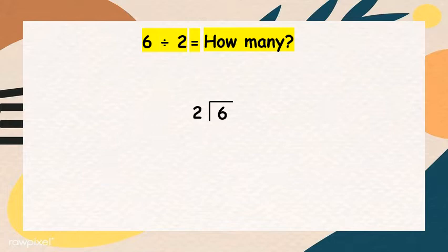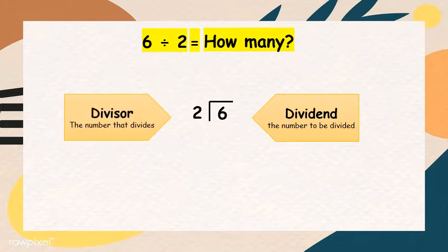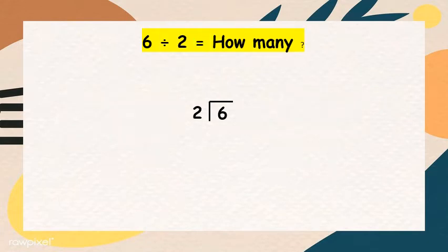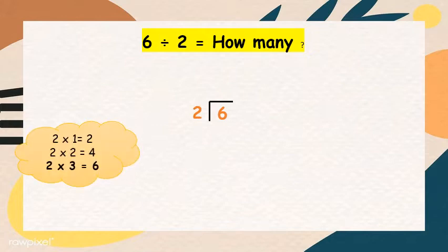So here, the number 6 is the dividend and the number 2 is the divisor. Now, let us begin the operation to divide 6 by 2. First, say the 2 times table up to 6.